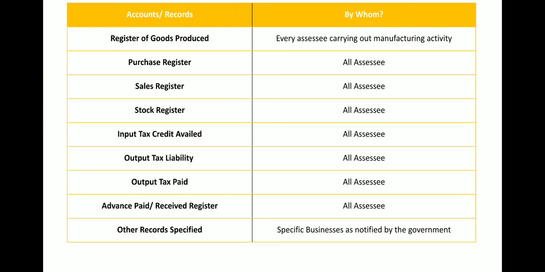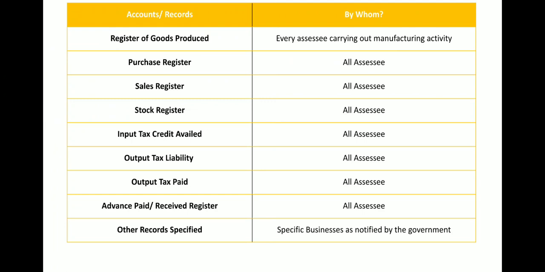What information is included in this register of goods produced? This account should contain details of goods manufactured in a factory or production house along with the HSN number. So definitely HSN wise, on a daily basis and at any given point of time, they have to record.